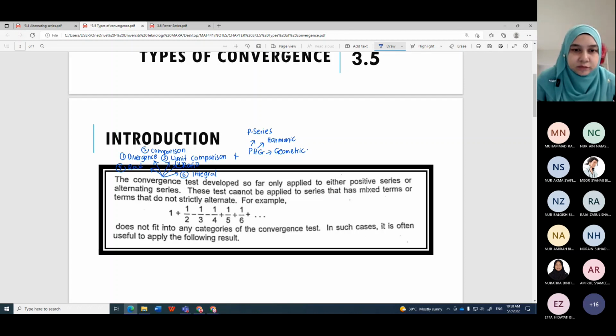Okay, the convergent test developed so far only applied to either positive series or alternating series. Okay, this test cannot be applied to series that has mixed terms or terms that do not strictly alternate. Okay, for example, we have this series. Sebelum ni kita belajar AST for alternating series kan. Alternate term kan.